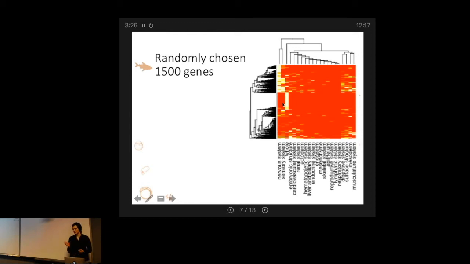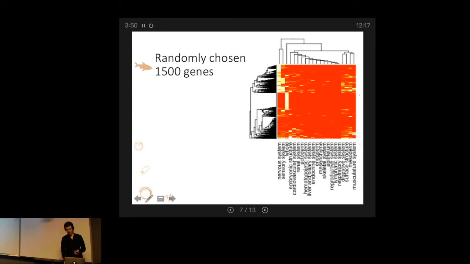But this is problematic because a few publications were using whole organism very generally. So even if maybe the gene wasn't expressed in the whole organism, the publication said, okay, yeah, it was a whole organism. And then here you have a cluster of genes that were predominantly expressed in the neuronal system together with some sensory system and so on.